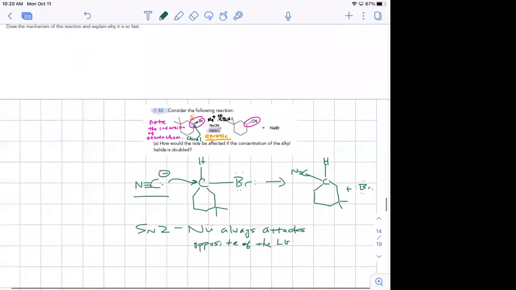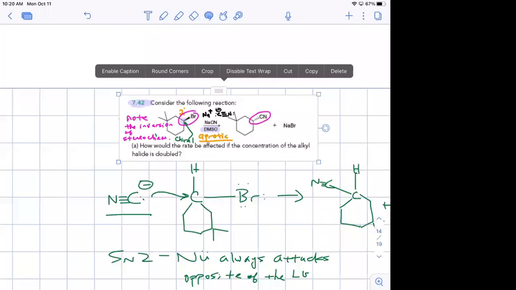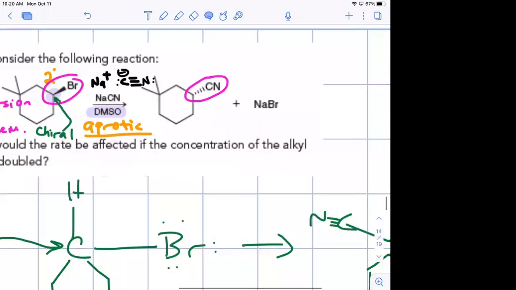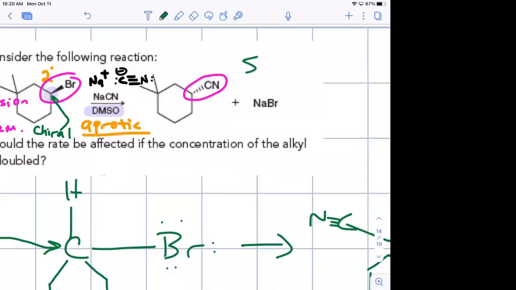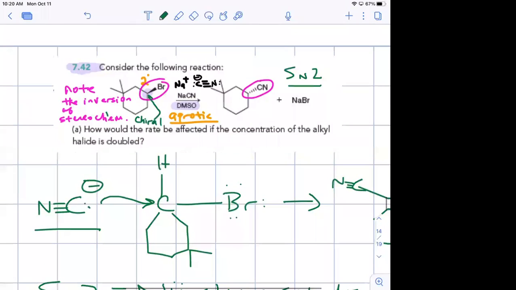So for SN2, this is one of the ways to pick it out. One of your characteristics is inversion. It was in one of those videos I sent to you. But the inversion of stereochemistry gives this away. So the fact that it's inverted tells us that this is an SN2 reaction.